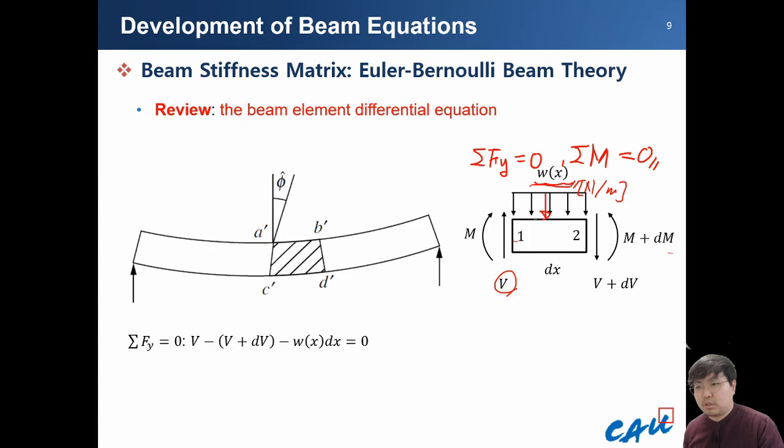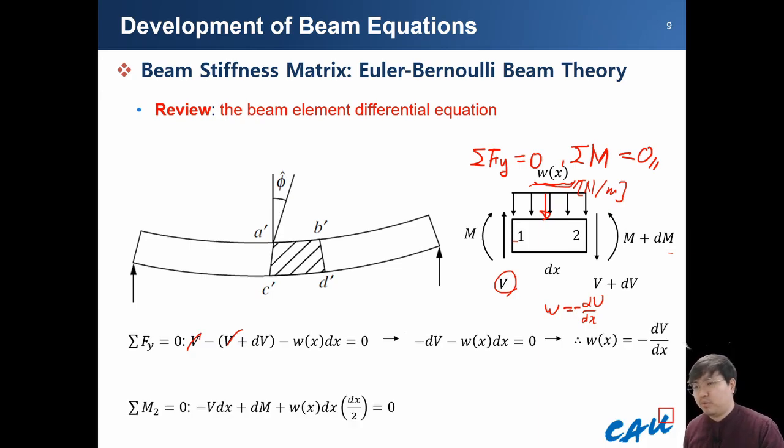This direction is negative, so please add a minus sign. V cancels out, so we get minus dV minus w dx equals 0. Finally we obtain w equals dV over dx, maybe with a minus sign. So we obtained this relationship.